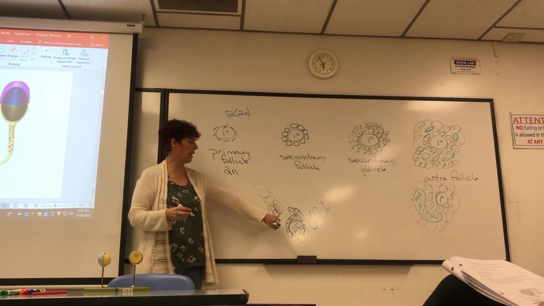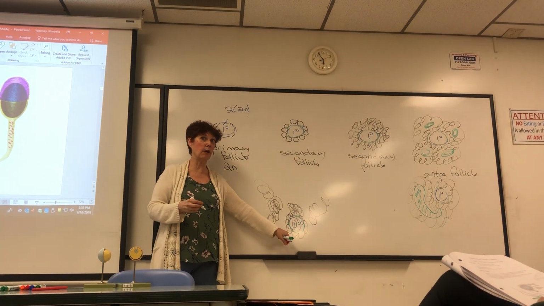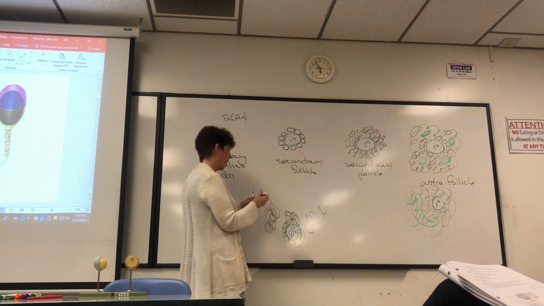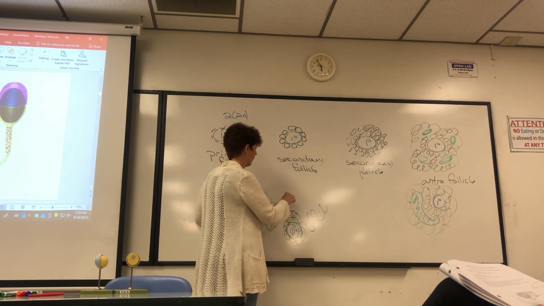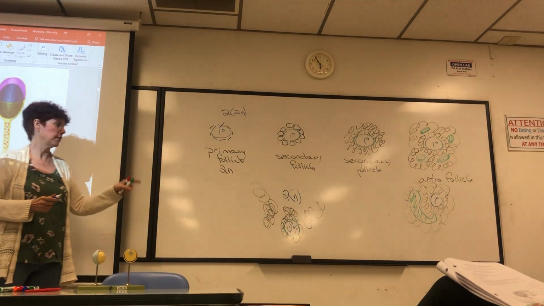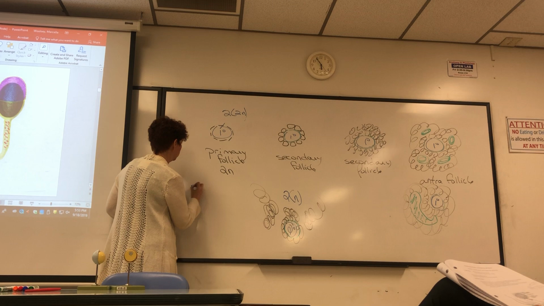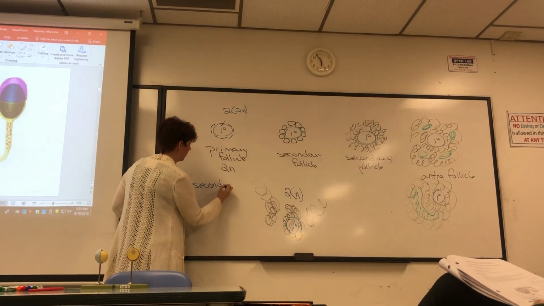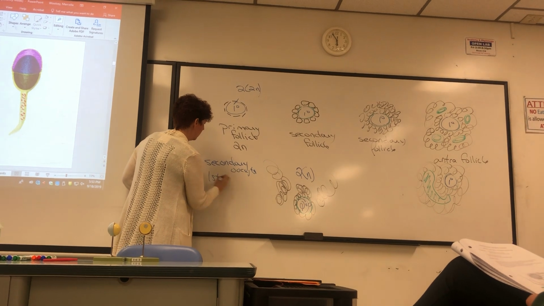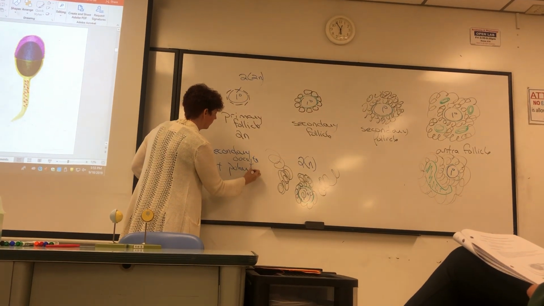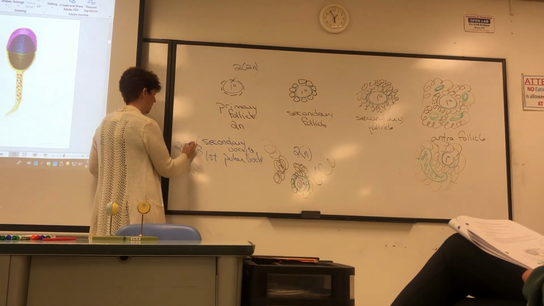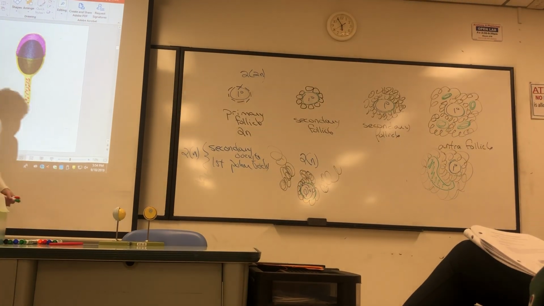So at that point, the oocyte is a secondary oocyte, and that and the first polar body both have a chromosomal pattern of 2N, okay? So secondary oocyte, first polar body. Those are the products of the first meiotic division.